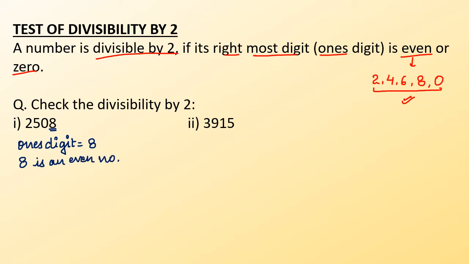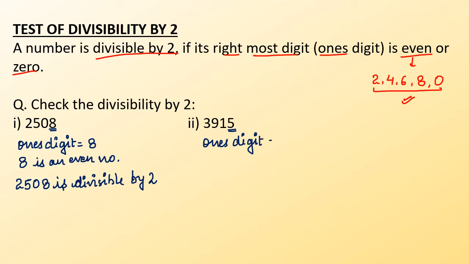Therefore 2508 is divisible by 2. Now in the next question, the digit at the ones place is 5.